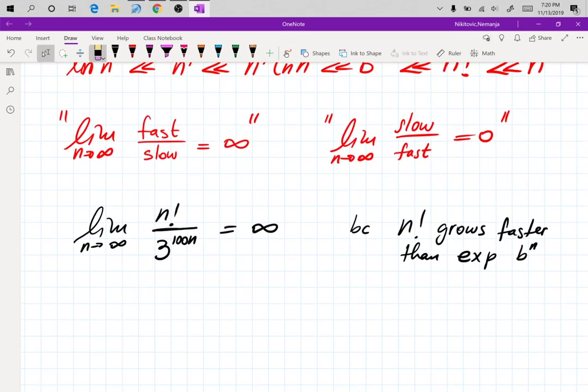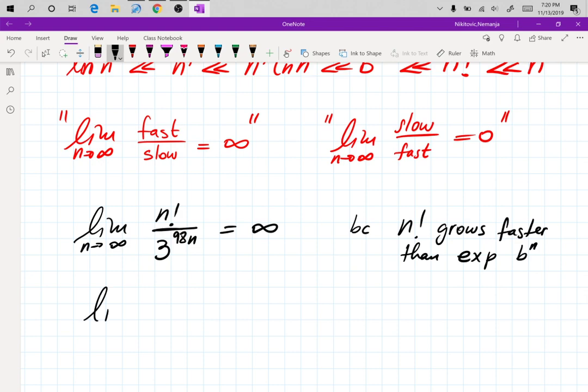Or if you have this 100n, it looks like loon, so I'm just going to change this into, let's say, 98n. There we go. So it doesn't look like loon anymore. Whatever loon is.